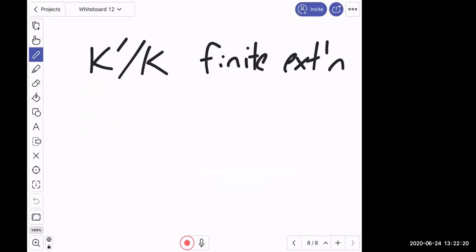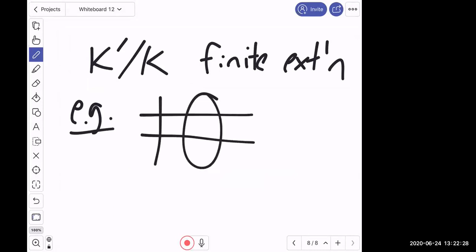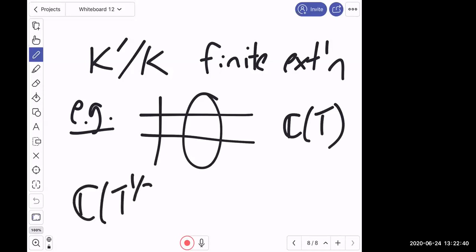Here's an example, just to show you what's going on. Remember last time we had this example where our special fiber looked like this. And that was the special fiber of a model over C adjoin T. But now what if you go to C adjoin the square root of T?